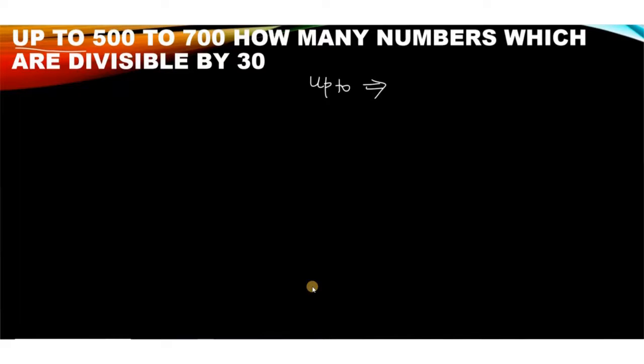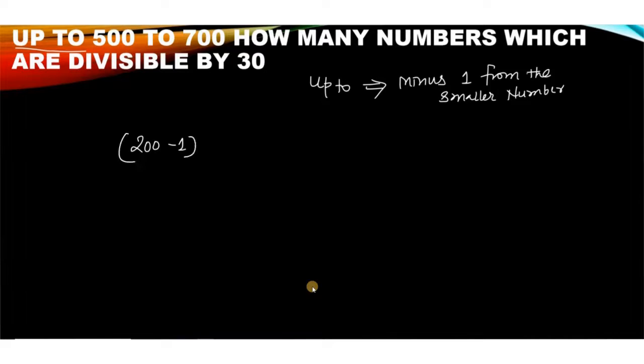We have to minus 1 from the smaller number. So 500 minus 1, because it is a smaller number, to 700, and it is divisible by 30.